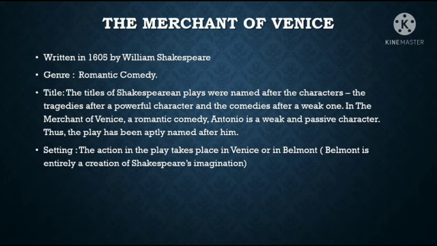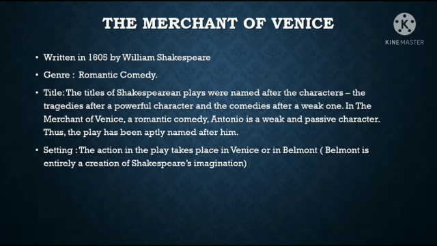About the title of the play. The titles of Shakespearean plays were named after the characters. The tragedies were named after a powerful character and the comedies after a weak one. In The Merchant of Venice, a romantic comedy, Antonio is a weak and passive character. So the play is named after Antonio, who is a merchant of Venice.